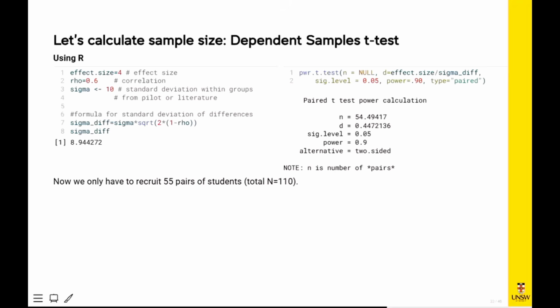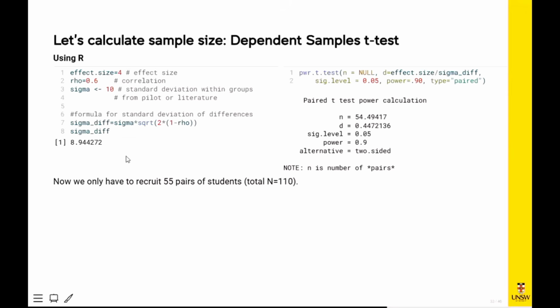And so here's what happens. Because I thought about it, I don't think I can get 266 people. So if I change it and I capitalize on the fact that there's some correlation here, now, because we have some dependency between the scores from each pair of students, our standard deviation is no longer 10, but it's adjusted by the fact that we have some positive correlation, and the standard deviation is now down to 8.9.